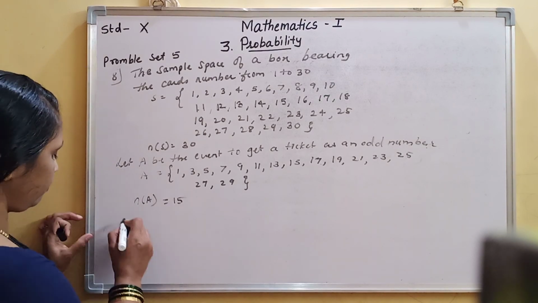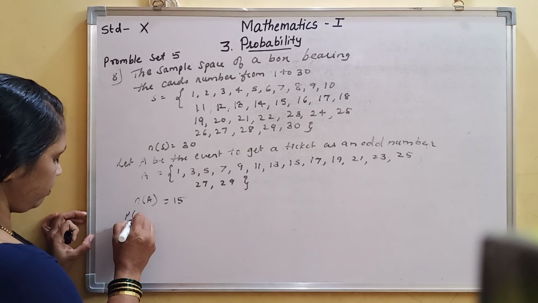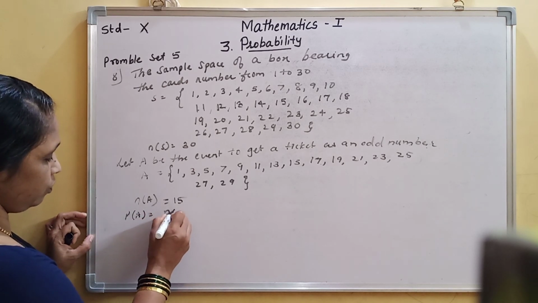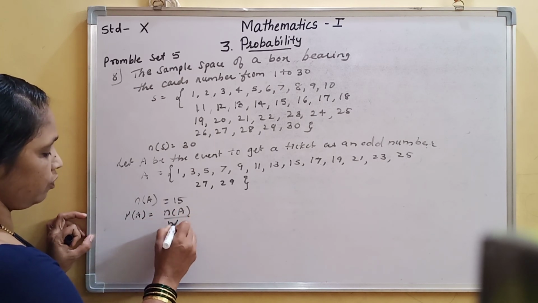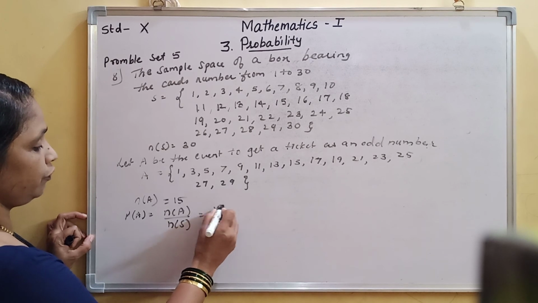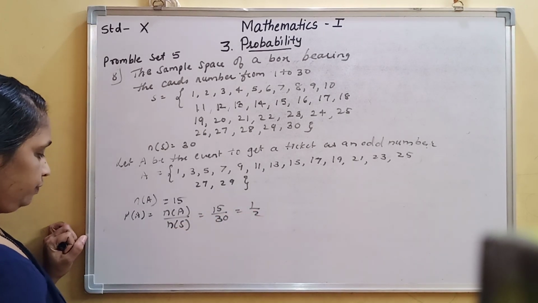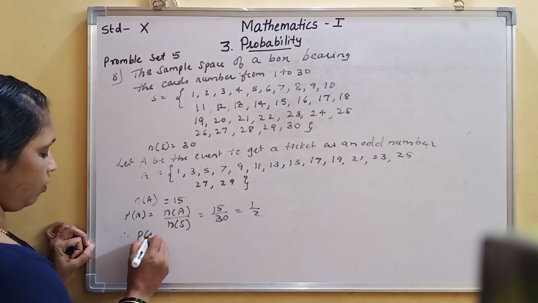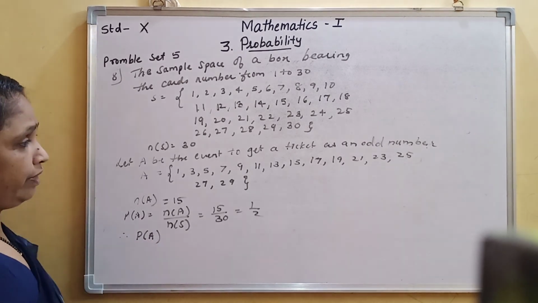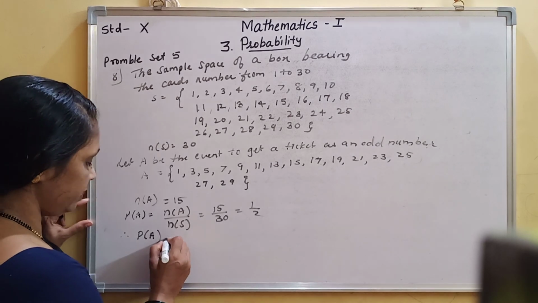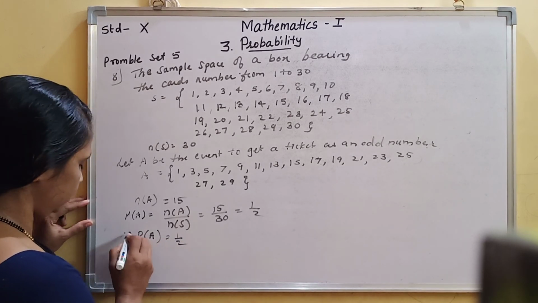Now we have to find the probability of A. Probability of A is n(A) upon n(S), which is equal to 15 upon 30, which is equal to 1 by 2. Therefore the probability of the event to get a ticket as an odd number is 1 by 2.